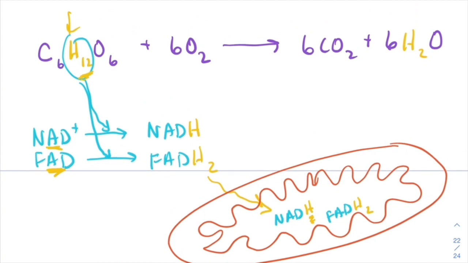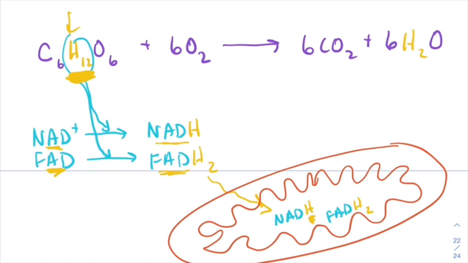All these hydrogens up here in the upper left-hand corner, we've got C6H12O6. Those hydrogens are ripped out of glucose little by little, not all at once, and they're picked up by NAD and FAD. NAD plus and FAD become NADH and FADH2.